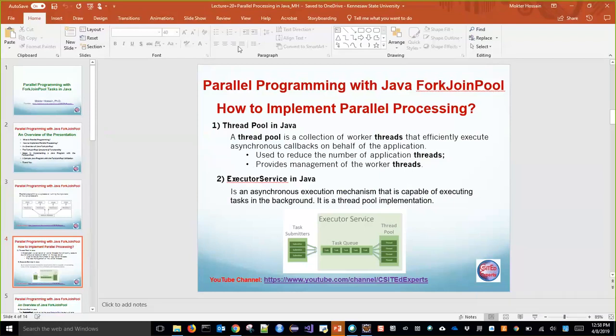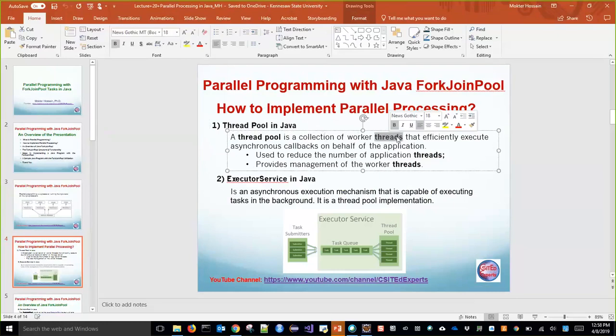One of the traditional ways of parallel processing, which is also still available, is called thread pool. A thread pool is a collection of worker threads that efficiently execute asynchronous callables on behalf of the application. Asynchronous means not synchronous, not at the same time.